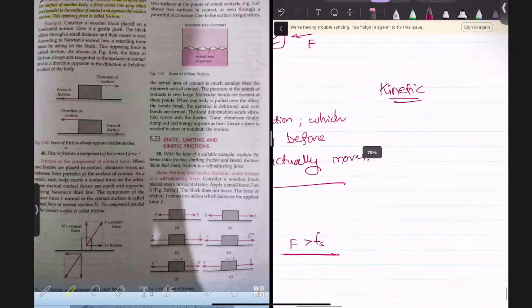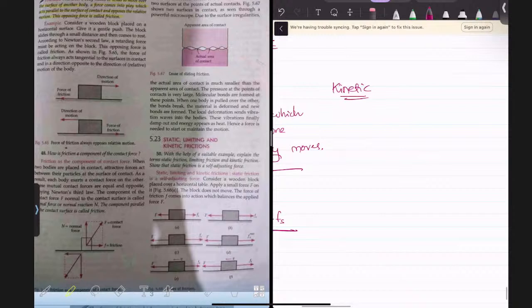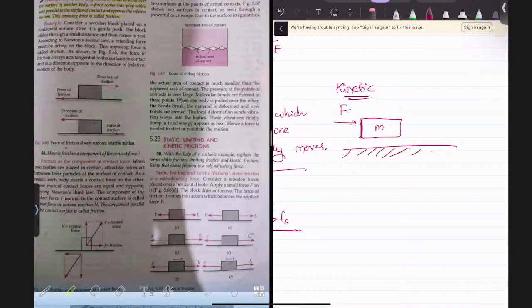And what is kinetic friction? Kinetic friction is: if this body has mass m and you are giving a force of F, and this is a rough surface, guys, then if you calculate its acceleration, it will never be F by m. Why is it not F by m? We are giving a force F, and it has a mass of m.